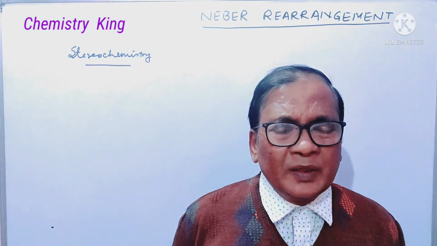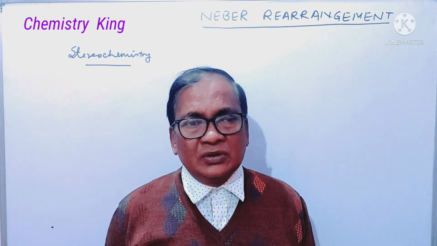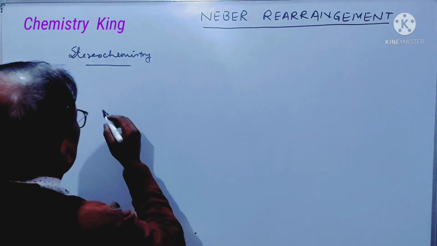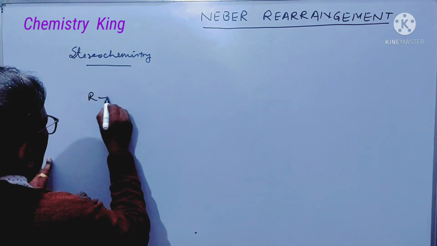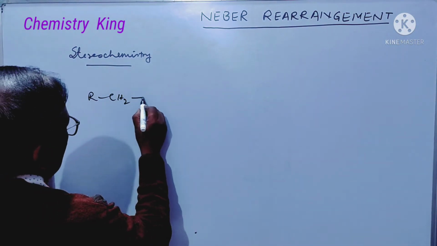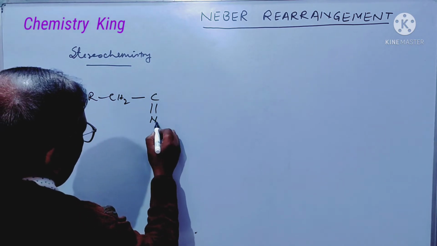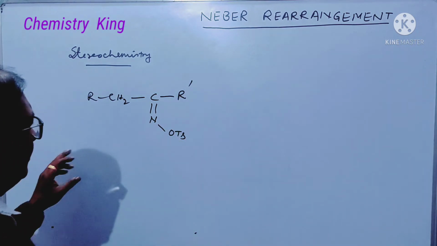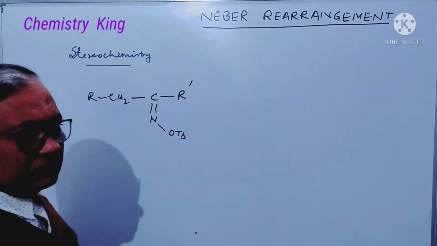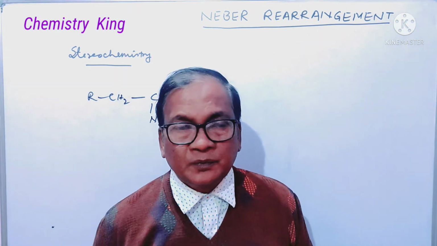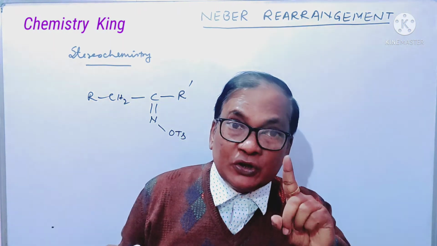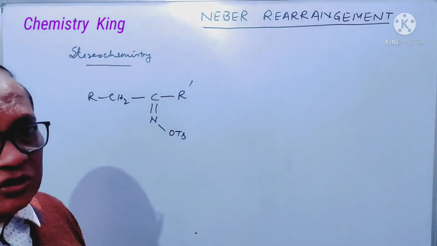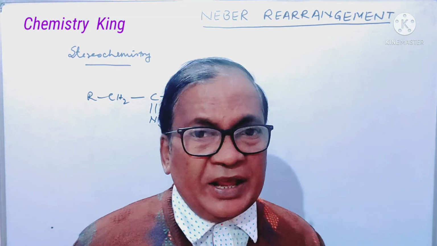Friends, here the reactant is ketoxime tosylate, RCH2 C double bond N OTS R dash. As carbon nitrogen double bond is here, there will be 2 geometrical isomers, and these 2 will be syn and anti.